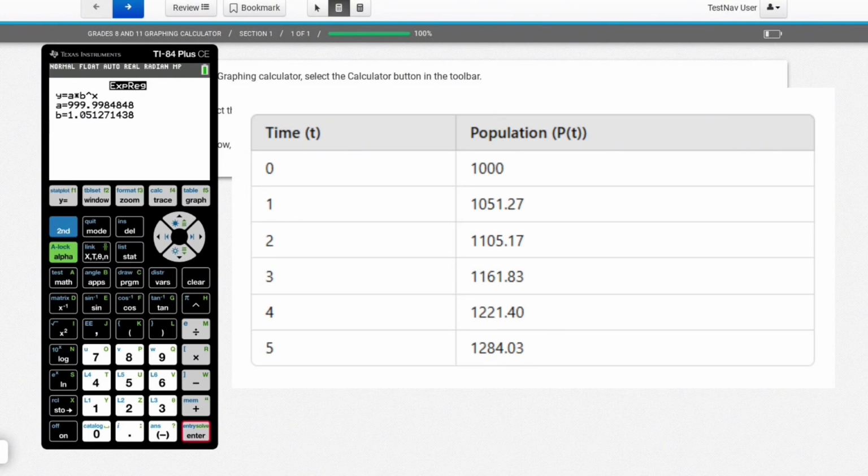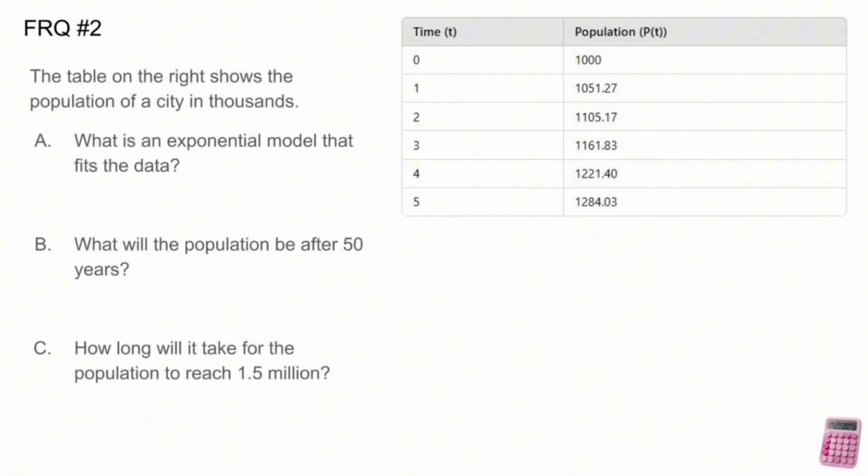So I'm going to go off and write that out. So for part A, after all of that, we got this awfully close equation of y equals 999.998, that's a 9, times 1.051 to the x. Right? So there you have that.